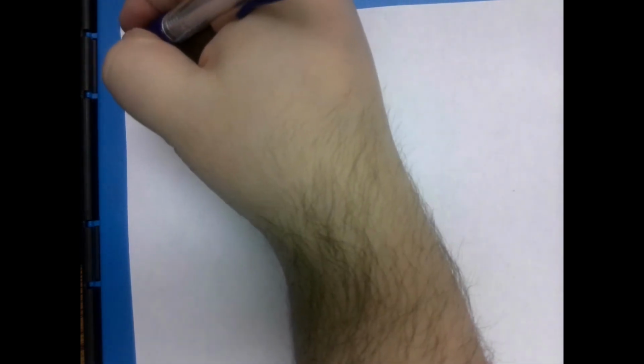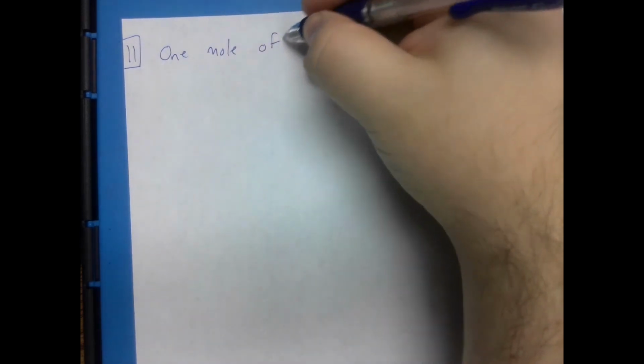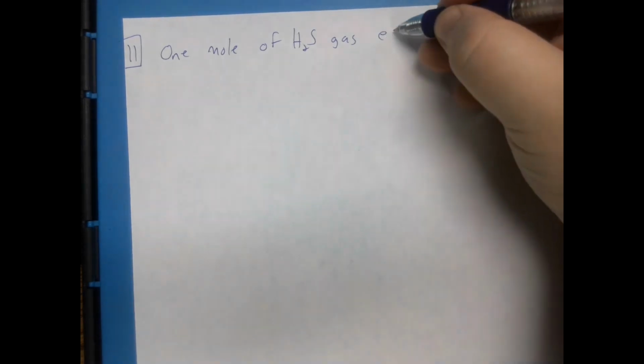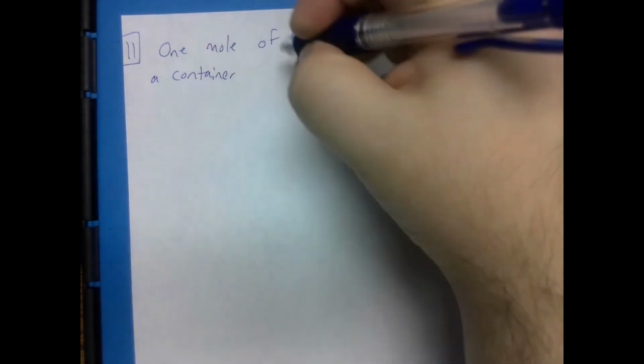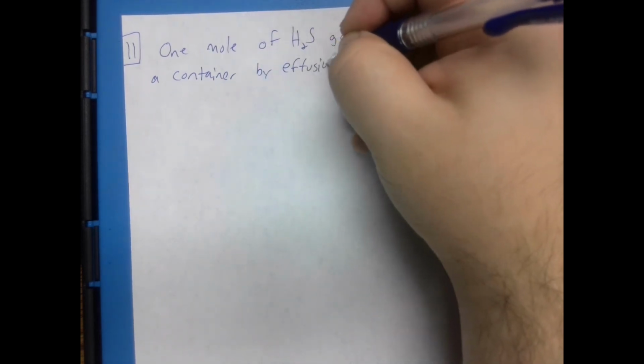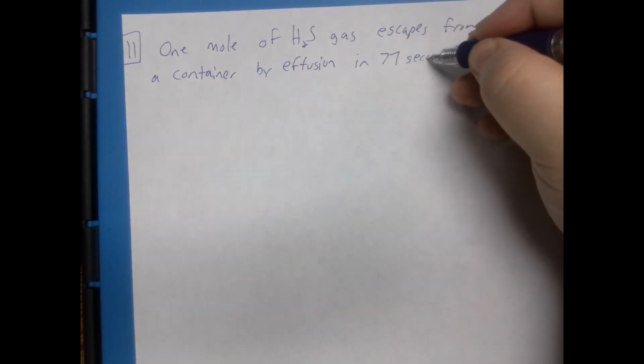So number 11, 1 mole of H2S gas escapes from a container by effusion in 77 seconds.